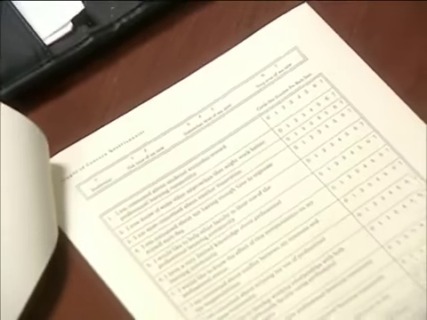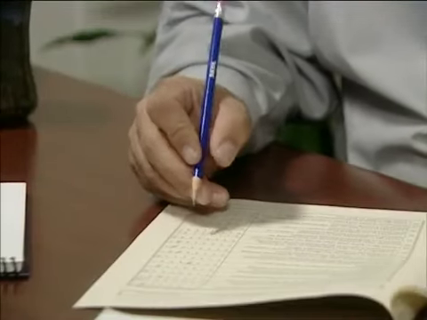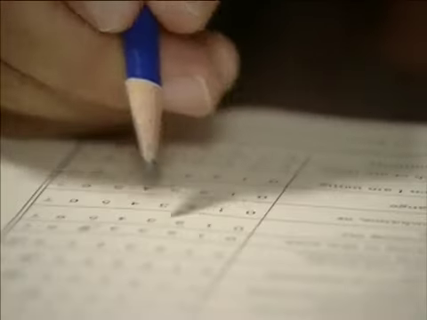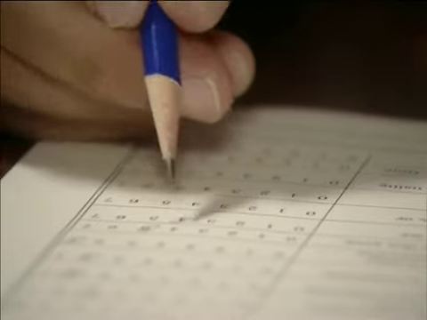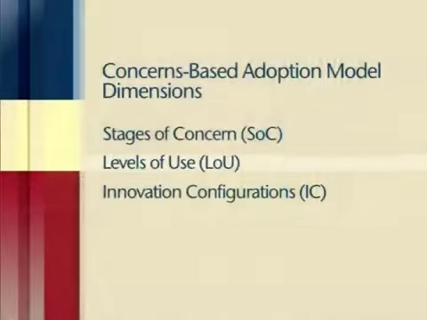Stages of concern, sometimes called SOC, uses a questionnaire to help identify and describe the concerns teachers have during the implementation process. Stages of concern is a way of accessing information about people's attitudes or reactions or feelings about a new program or a new practice. In other words, it's the affective domain, what they're thinking about it or feeling about it.